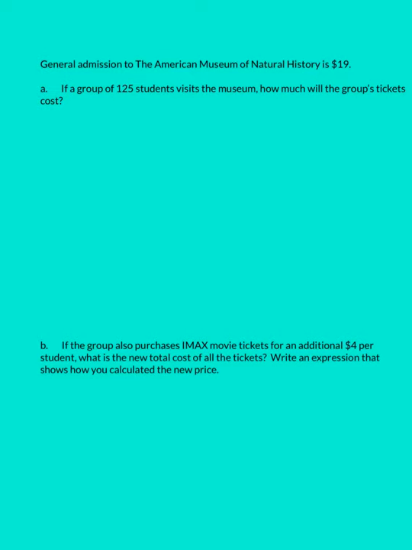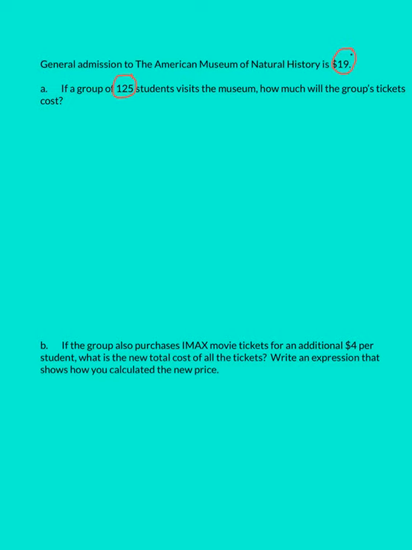All right, mathematicians, let's check out our problem of the day. The general admission to the American Museum of Natural History, we have something like that in Balboa Park you could check out, is $19. So this is a different price than the one you just saw. If a group of 125 students visits the museum, how much will the group's tickets cost?